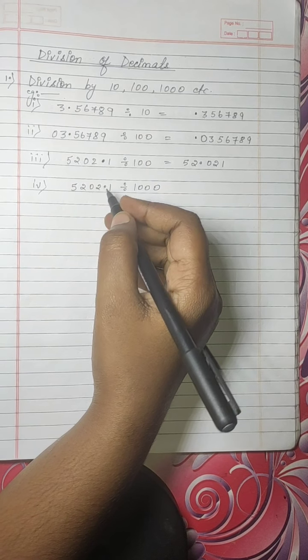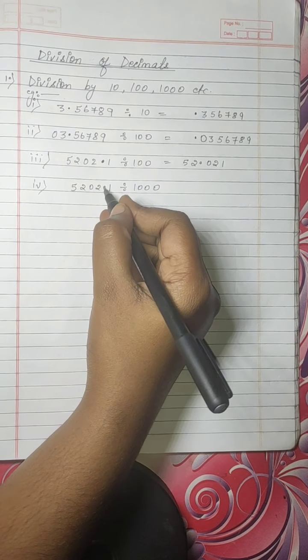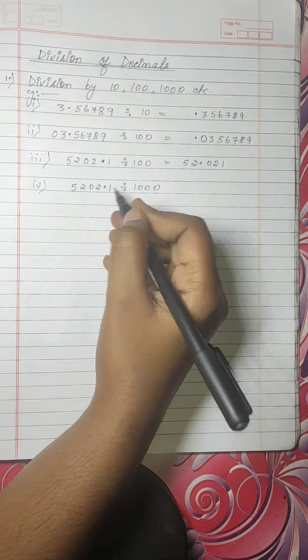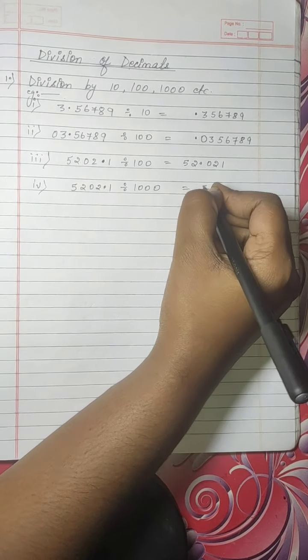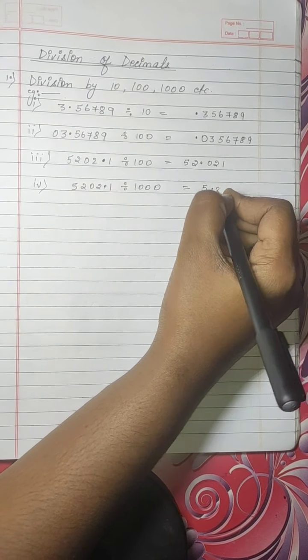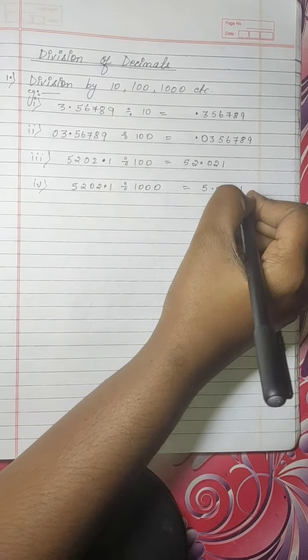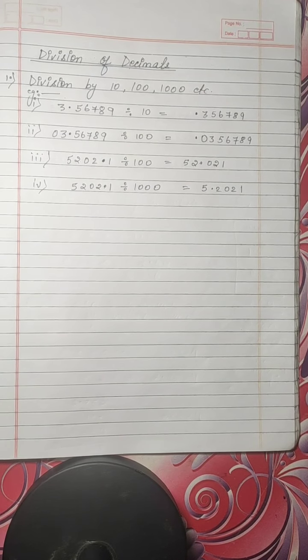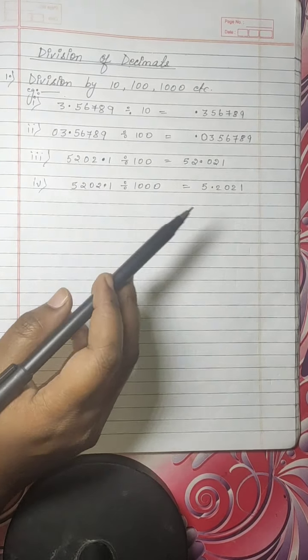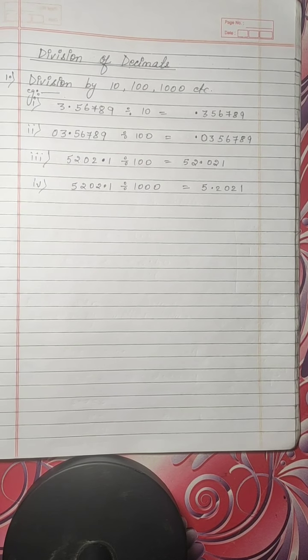Obviously to the left side, so we will shift this point. Just before 3 digits we will take, so the number becomes 5.2021. Okay, now similarly you can do with 10,000, and so on.